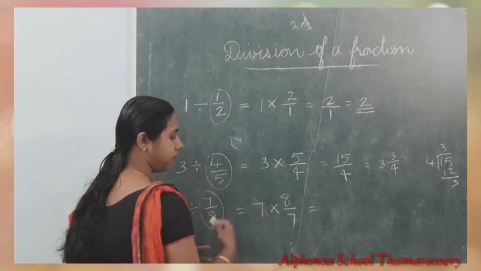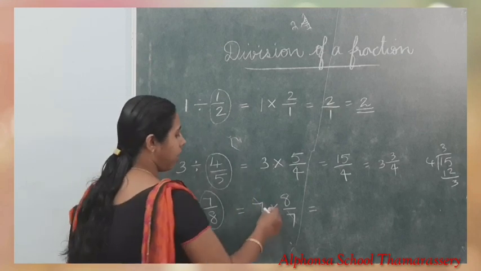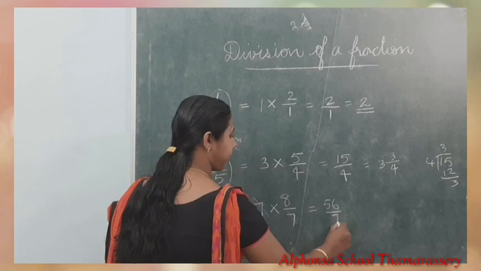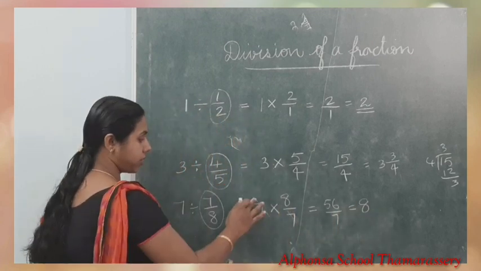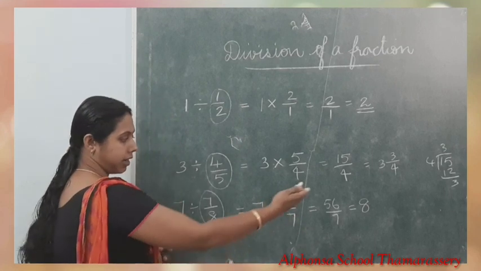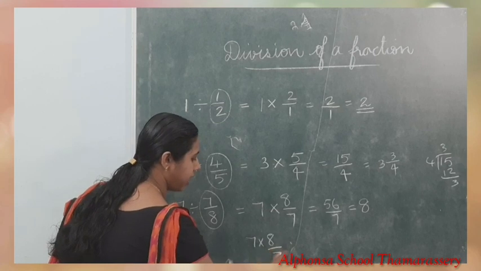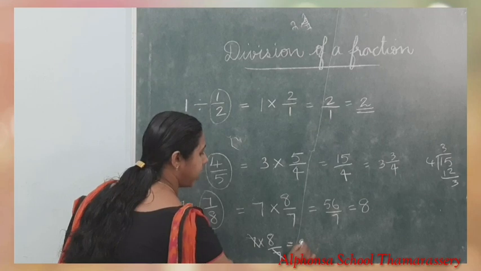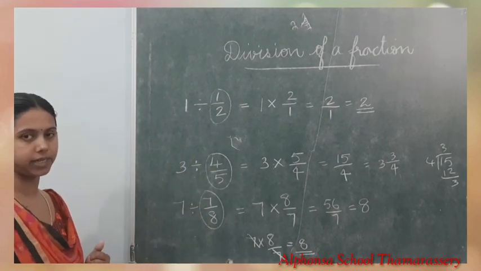These 7 and 7 will be cancelled because 7 by 7 is 1. Or you can multiply 7 into 8, 56 by 7. 56 by 7 is equal to 8. Both ways you can do it. You can use the cutting method or you can use the direct method. If you are using the cutting method, the 7 and 7 cancel, then what is remaining? 1 8 is 8. Both ways you get the answer.